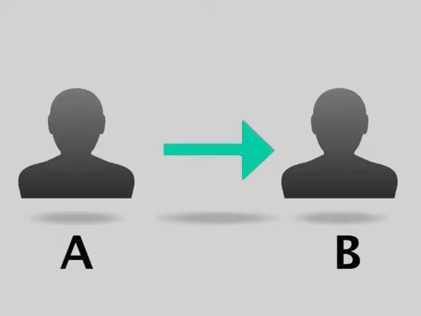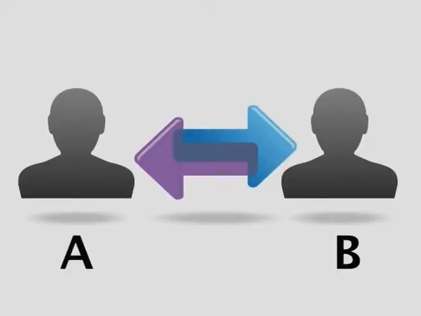So, fundamentally, in a one-way communication process, the direction of communication is only from A to B. In a two-way communication process, however, the message travels from A to B and there is also a response carried back from B to A, and so on and so forth. The process continues. So, communication could either be one way or two way.